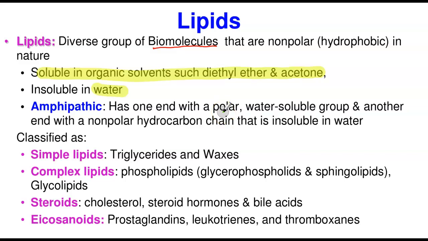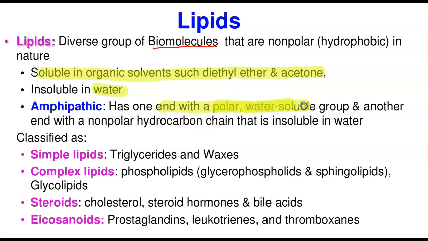Now, lipids are generally amphipathic. Particularly when we start talking about the simple class where we have the fatty acid. They're amphipathic. Amphipathic is the way you describe a molecule or a compound that has one part of it polar.